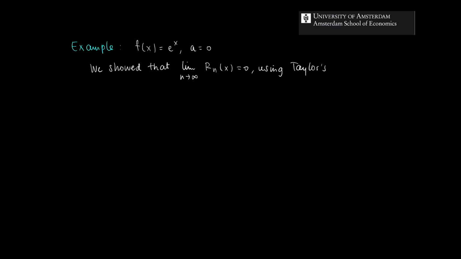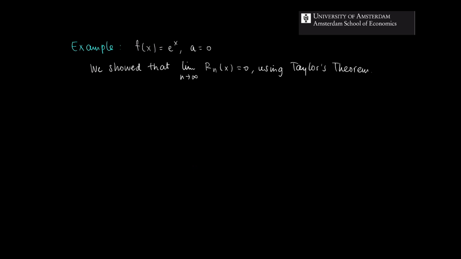As an example, just recall the exponential function. Let's look at Taylor approximations at 0, a equals 0. We've already seen that the limit for n to infinity of the remainder terms is equal to 0, and we used Taylor's theorem to show it.